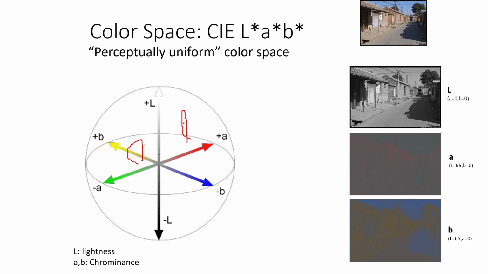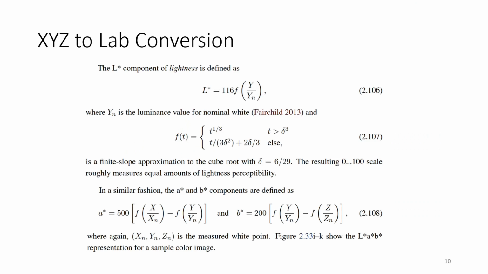So how do we calculate the CIE LAB? In our textbook, you can find this page, from equation 2.106 to 2.108. These are the equations to calculate the CIE LAB color space. Basically, the psychologists tried to find a way to measure those colors and make them similar.